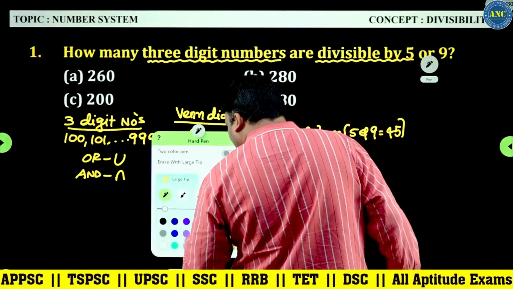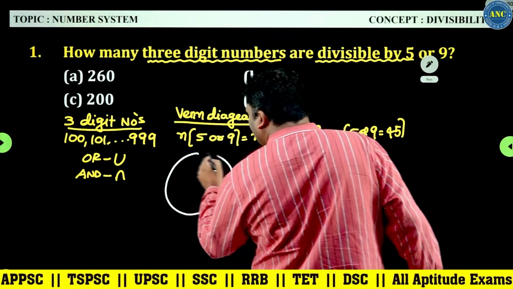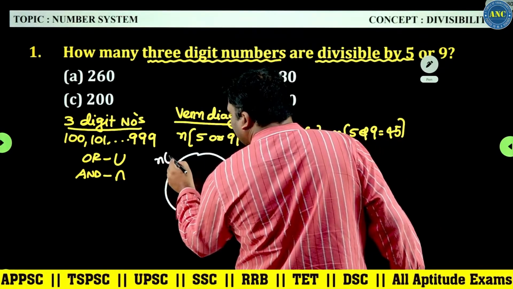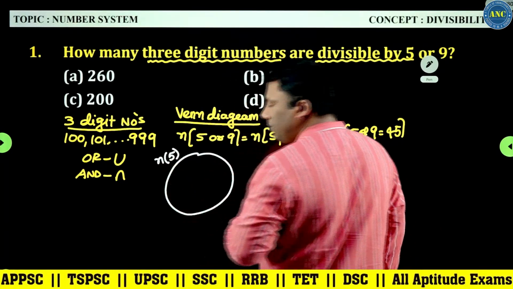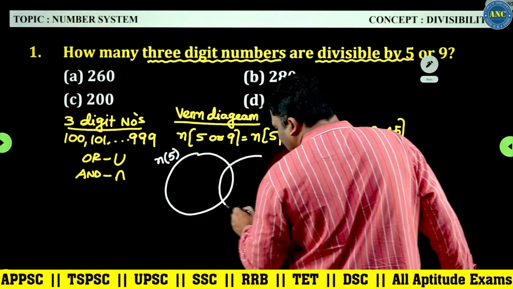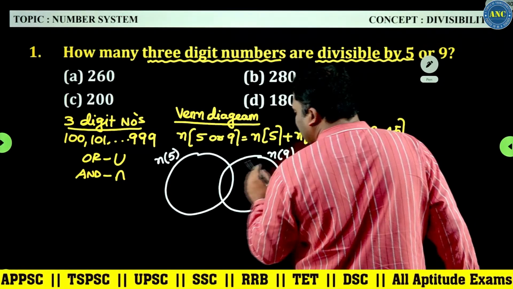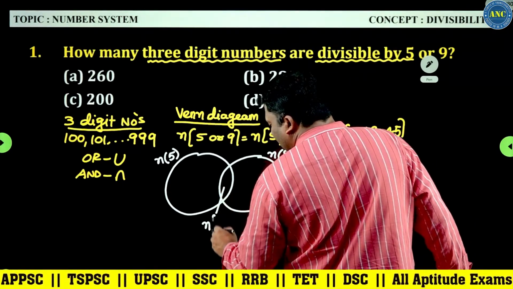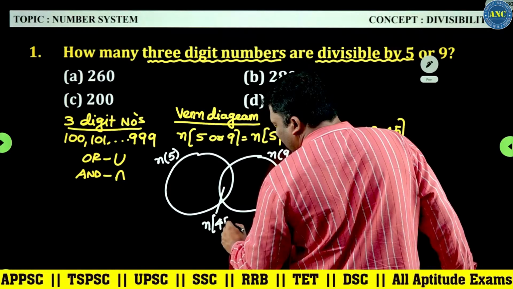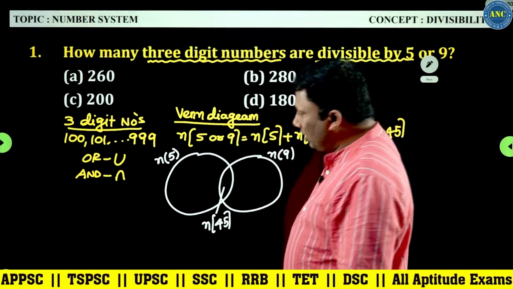We will use Venn diagrams. This circle represents the 3-digit numbers which are divisible by 5. This circle represents the numbers which are divisible by 9. This overlap represents the 3-digit numbers which are divisible by 5 and 9. Very slowly we will do it.